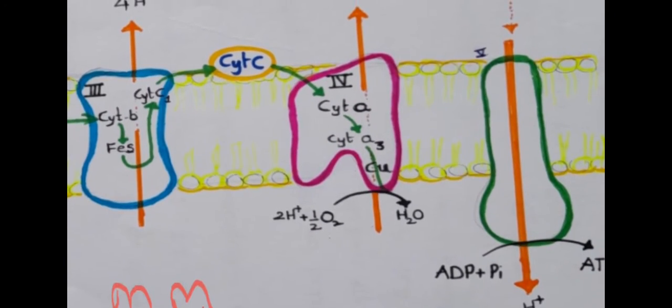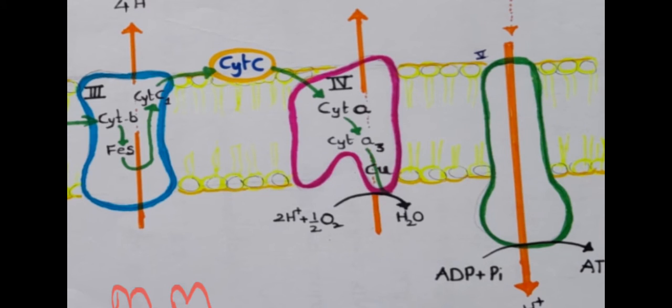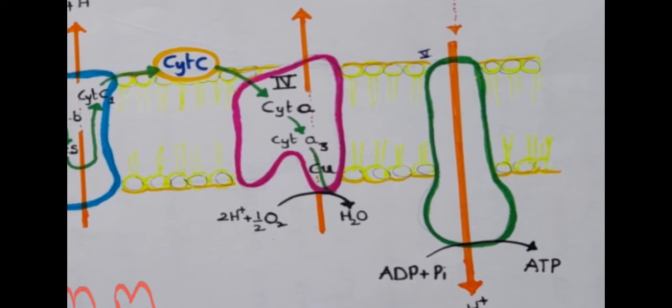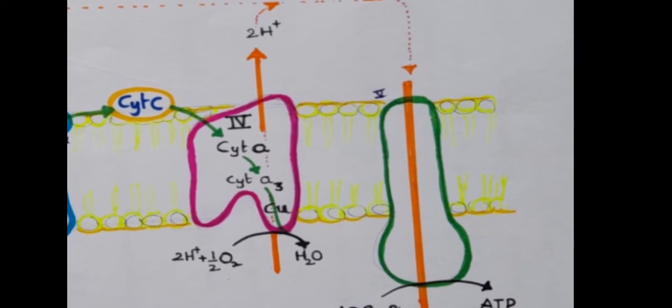Here, the fourth complex is donating the electrons and they are received by molecular oxygen, and with the help of two protons, the molecular oxygen is producing water, that is metabolic water.